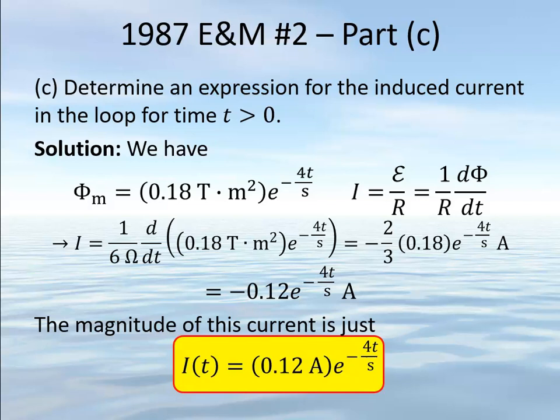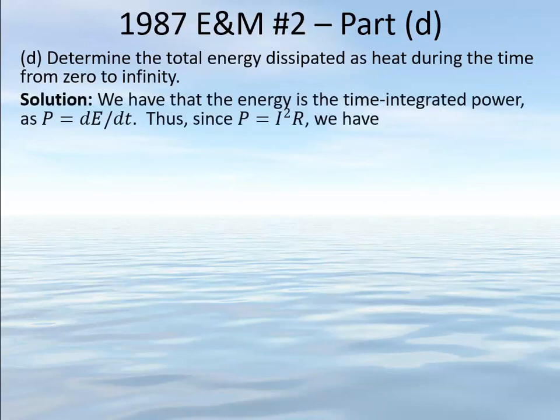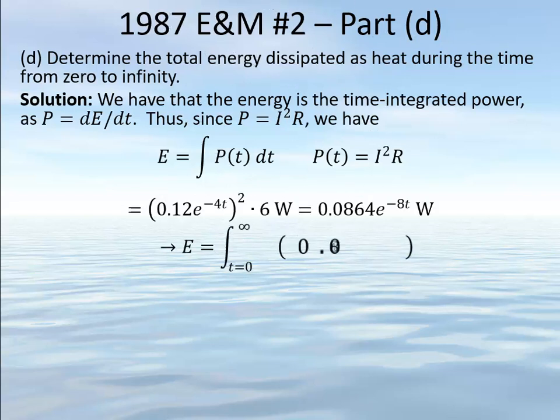Now in part D, the way these points work, there were 6 points total for part D. 1 point for using P equals I squared R, or an equivalent expression with correct ways of evaluating it. 2 points for the overall integral: 1 point for an indication that you needed to integrate, and 1 point for correct limits.